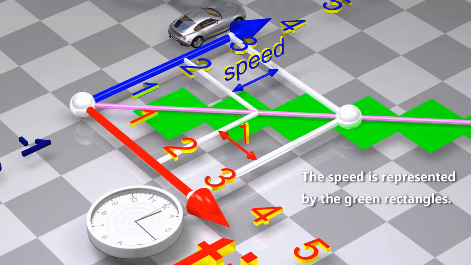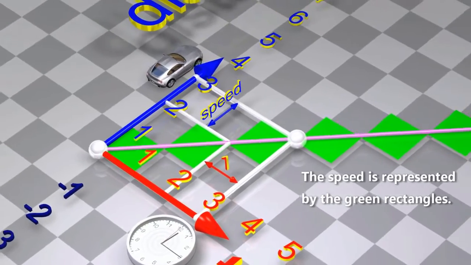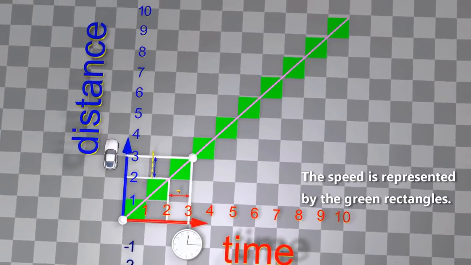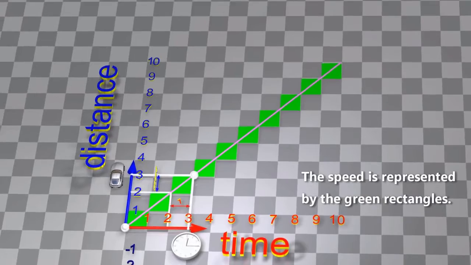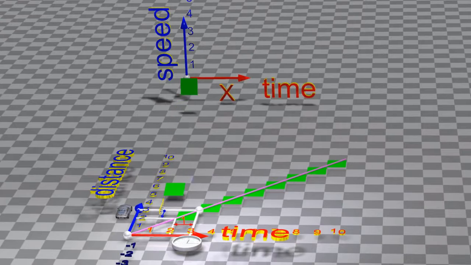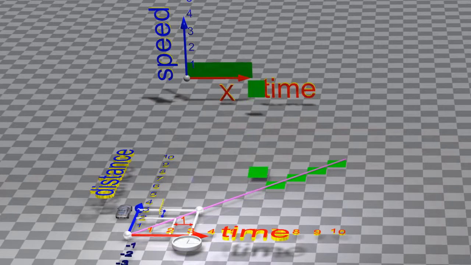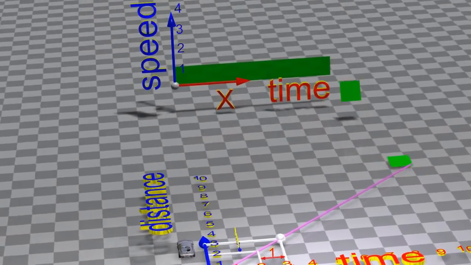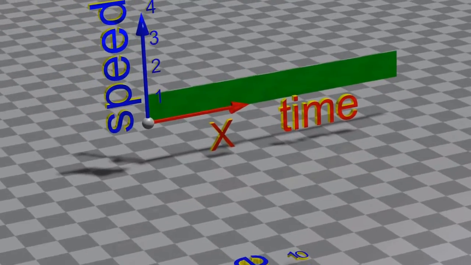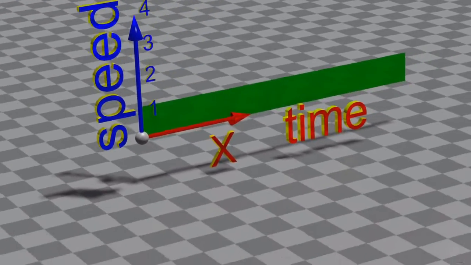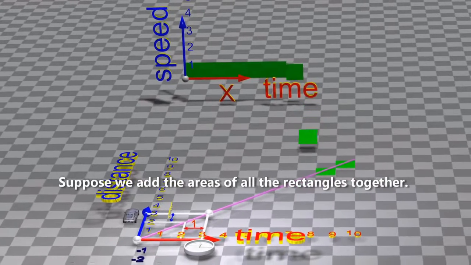The speed is represented by the green rectangles. Suppose we add the areas of all the rectangles together.